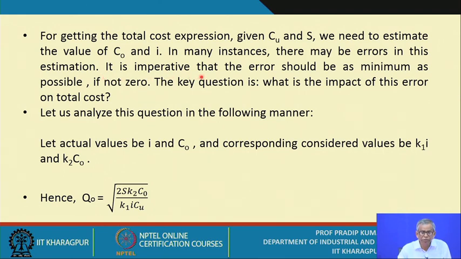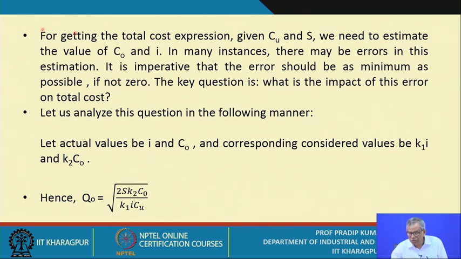So it is imperative that the error should be as minimum as possible, if not 0. Whenever you deal with the parameters CO or I, obviously these are estimates, and you must make sure that these estimates have the minimum error.